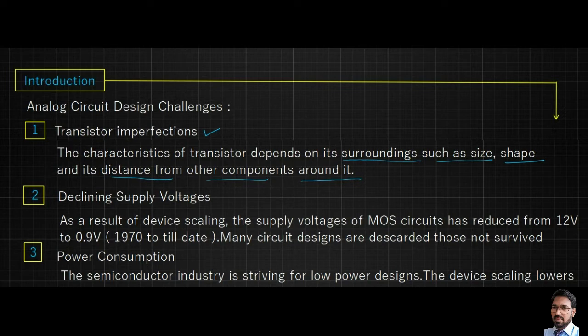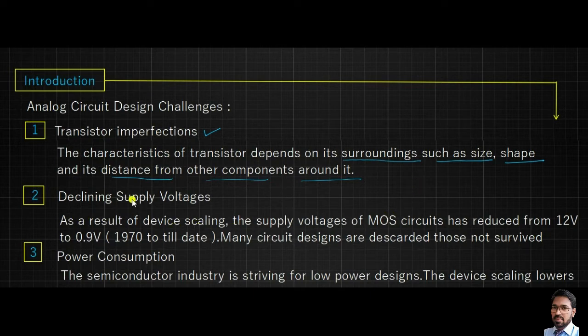Some parasitic effects occur when two components are close to each other, so the minimum distance and the size of the transistor are designed carefully. Today the size of a transistor is at the micro level, and it is called microelectronics, and these imperfections will affect the transistor characteristics.